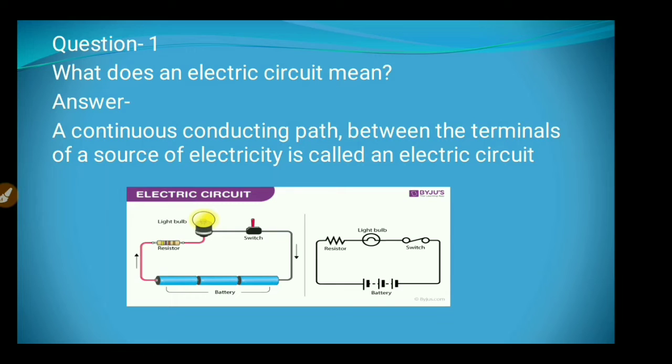So this is the example of the open electric circuit. In a closed electric circuit, when the switch is on, there is a current flowing through the circuit and the bulb gets illuminated. So it is an example of a closed circuit.